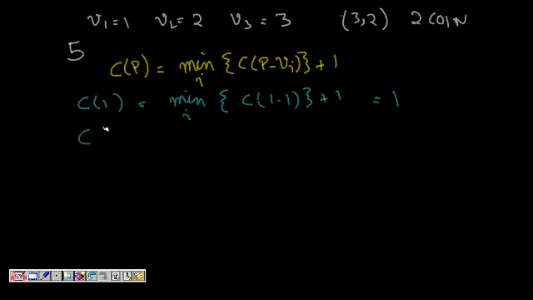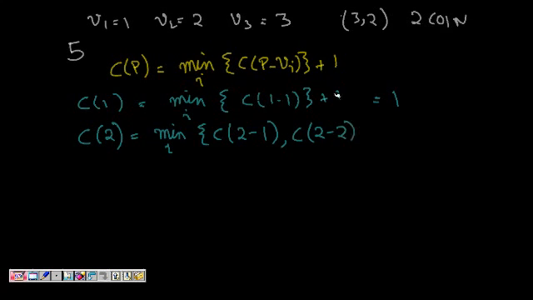Now to make change for 2, what will I do? I will take the minimum over i of C of 2 minus Vi. I can use 1 as a coin, I can use 2 as a coin, but I cannot use 3 because it is going below 0.